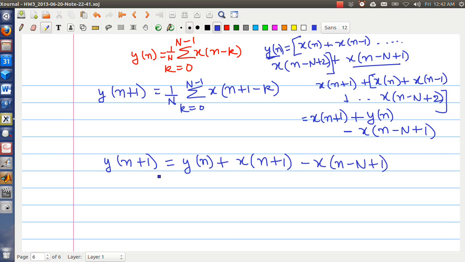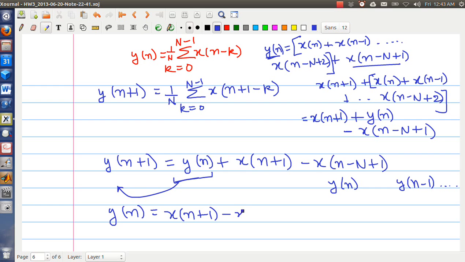And since it's the convention to write y of n in terms of y of n minus 1 and so on, we can simply rearrange the terms, move this to the left, you get y of n equals x of n plus 1 minus x of n minus n plus 1 minus, no, we shouldn't be doing this, I'm sorry.